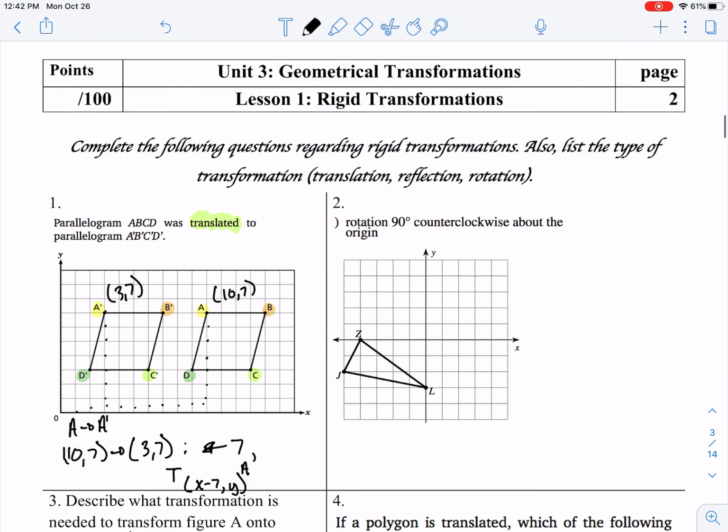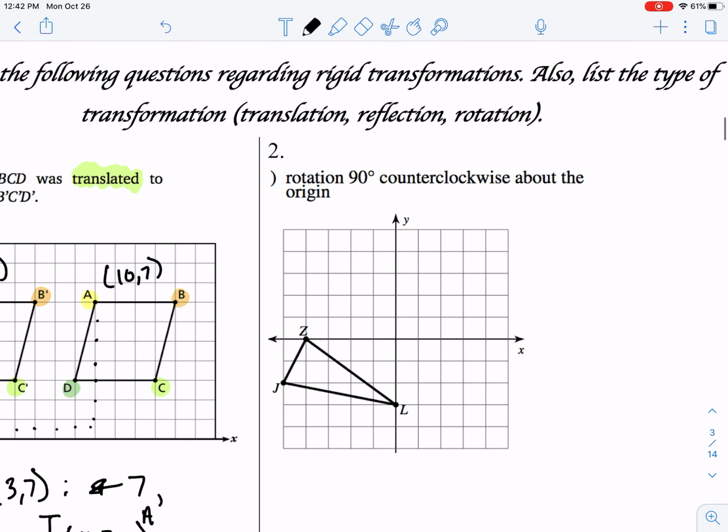So starting with number 2 on page 2, rotate 90 degrees about the origin, so the point (0, 0). And we have triangle ZJL. 90 degrees counterclockwise tells me it's positive, and I'm going to the left.